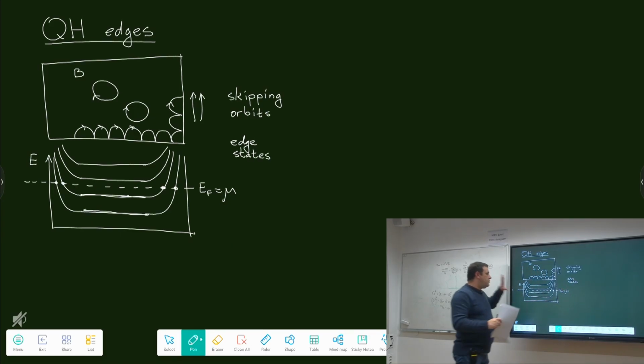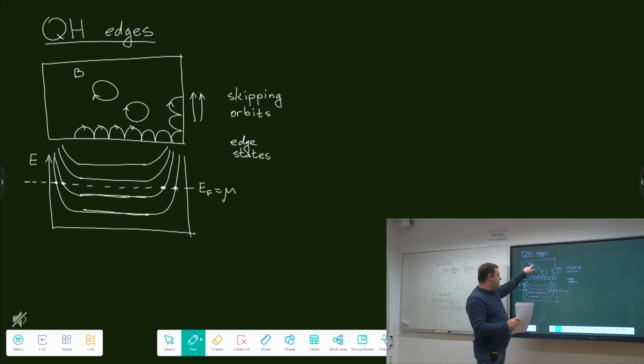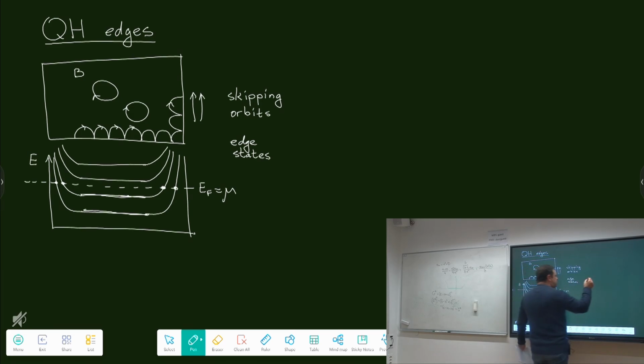And now when we add disorder to the system, what happens is that all states in the bulk here are localized. They are immobile. They can still circle around, but they stay in the same place. This circle is pinned by impurities. But the edge modes never localize.